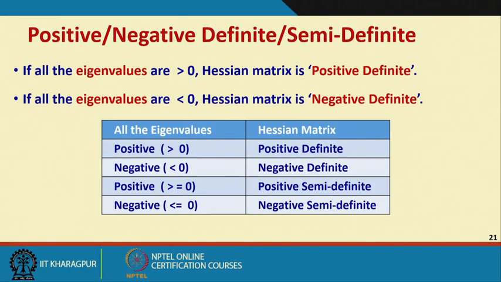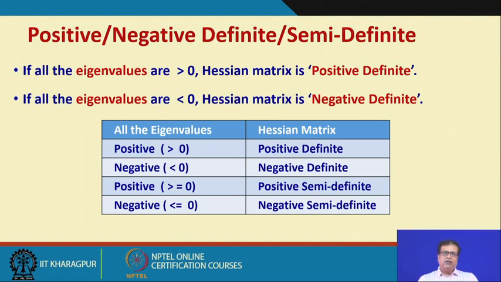In order to understand that, let us see what is the meaning of positive and negative definiteness of a Hessian matrix. For a matrix we can find out its eigenvalues. You all have studied the concept of eigenvalues. I will show you how to find eigenvalues very quickly. It is not very difficult, rather easy.